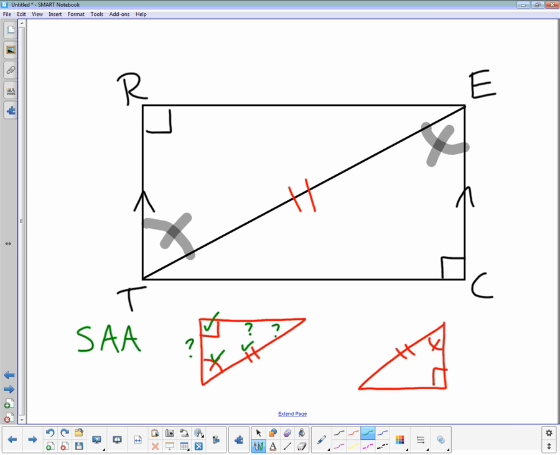So, give me a congruence statement. Who is congruent to who?